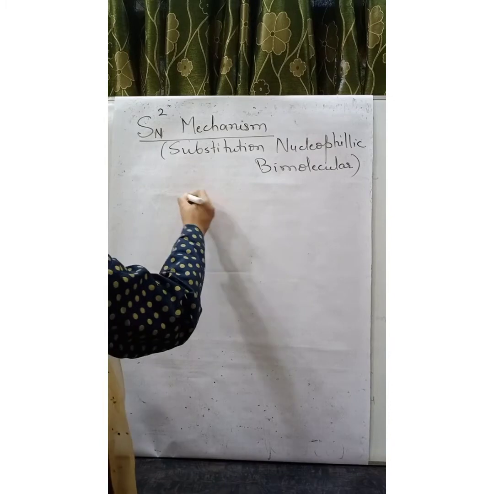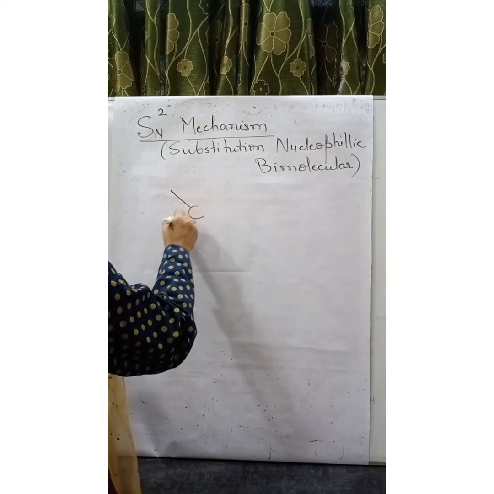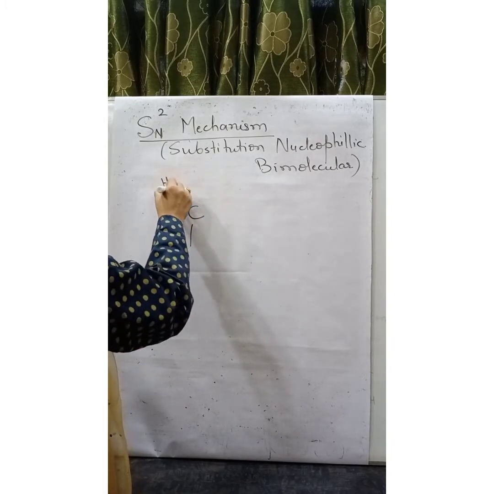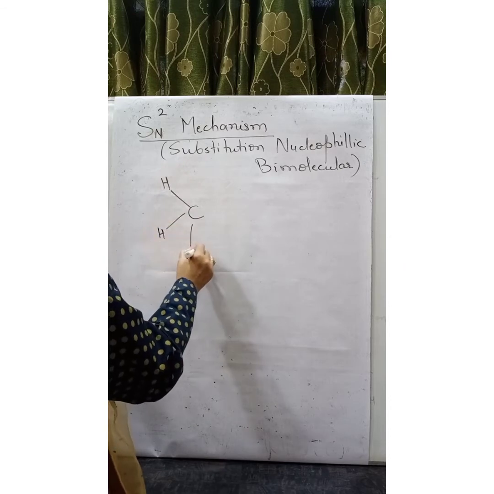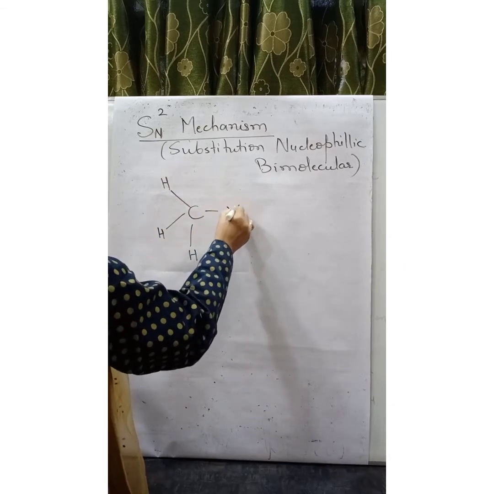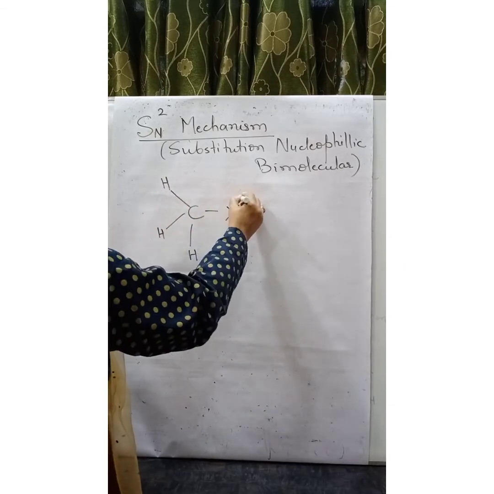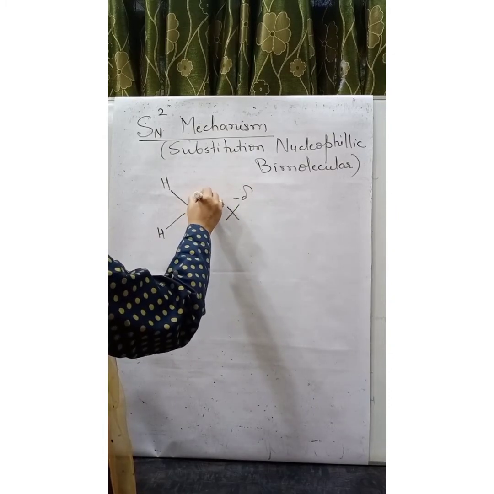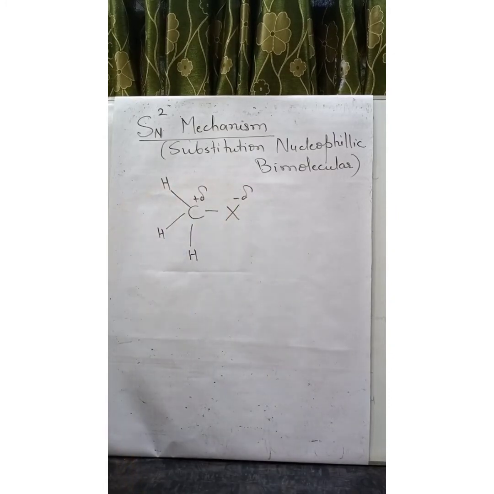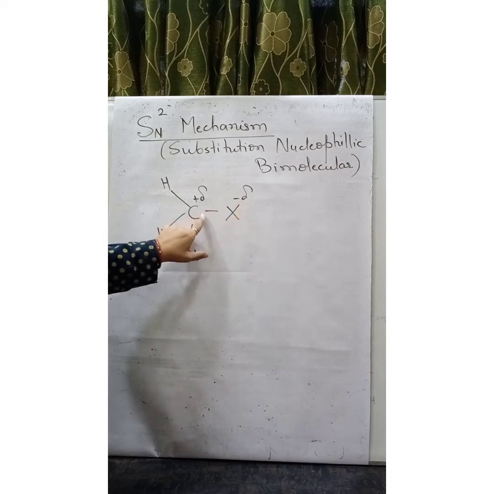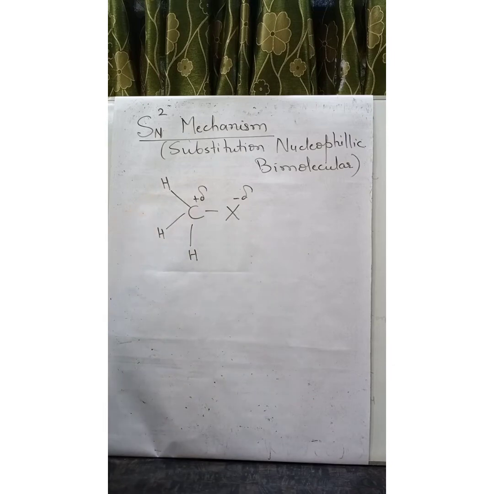So, if this is our substrate, the C-X bond is polar in nature, and because of the difference in electronegativity, X assumes a partial negative charge and C assumes a partial positive charge.